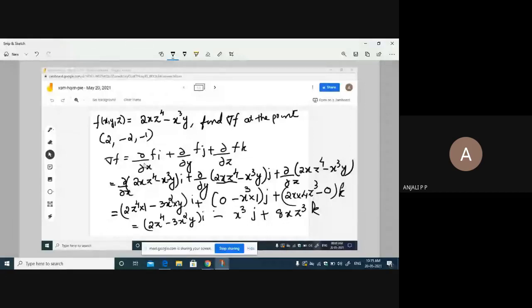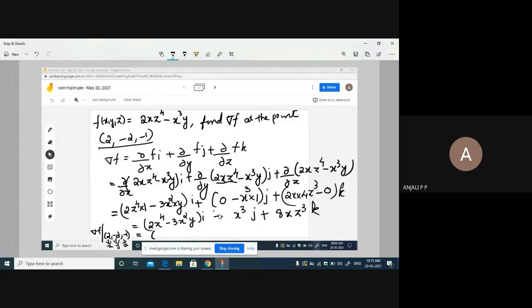Then putting this point, that is del f at 2, minus 2, minus 1: here x equal to 2, y equal to minus 2 and z equal to minus 1.